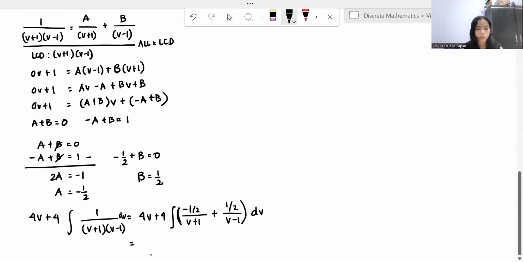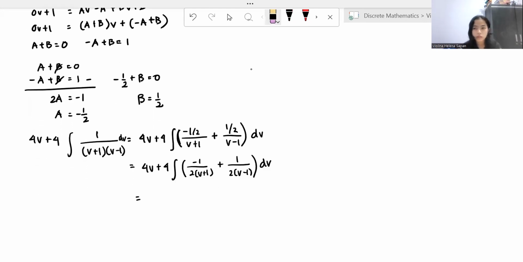Okay, so it will be equal to, so this time we can do it like this for v, and we can integrate this equation. So we pull out the minus 1.5 and multiply it by 4, which will be equal to minus 2. And then we can integrate the 1 over v plus 1, so this one will be minus 2 times the natural logarithm of absolute value of v plus 1.